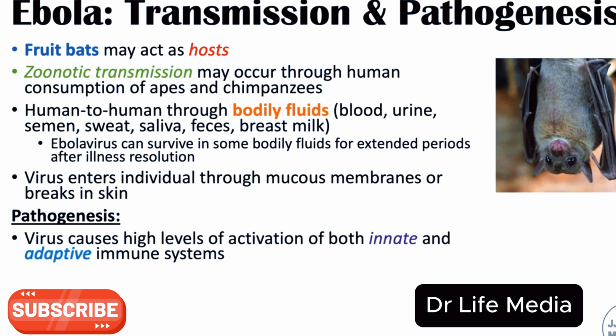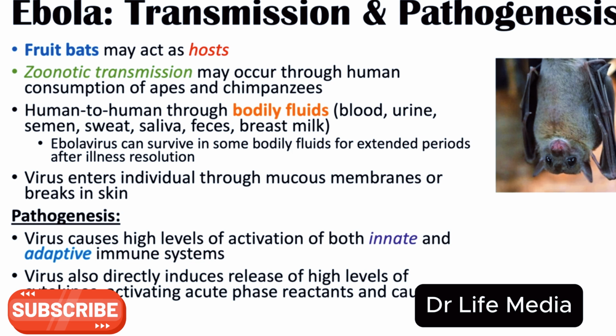So what it does is it causes high levels of activation of both innate and adaptive immune systems. So it ramps up the host immune system. And it also directly induces the release of high levels of cytokines, activating acute phase reactions and causing cell damage. So it puts the immune system into hyperdrive, and it can lead to damage to the host.